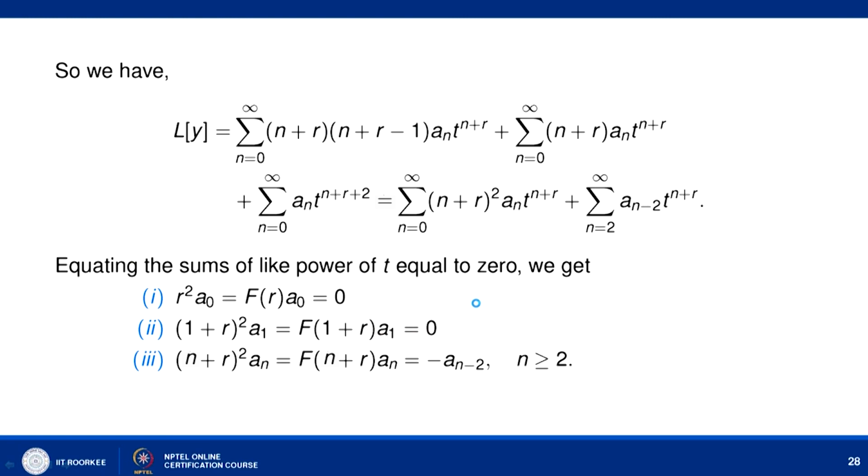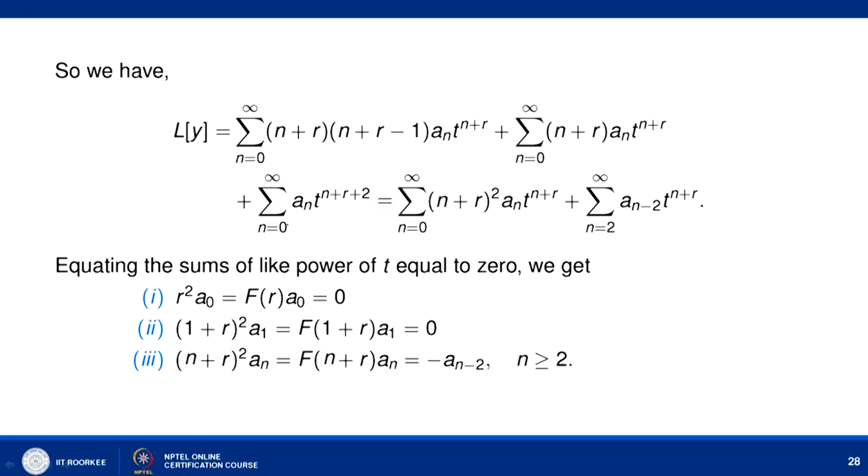So here we have Ly equal to summation n equal to 0 to infinity (n plus r)(n plus r minus 1) a_n t to the power n plus r plus summation (n plus r) a_n t to the power n plus r plus summation a_n t to the power n plus r plus 2. Once we have this equation, we equate the sums of like powers of t to 0.